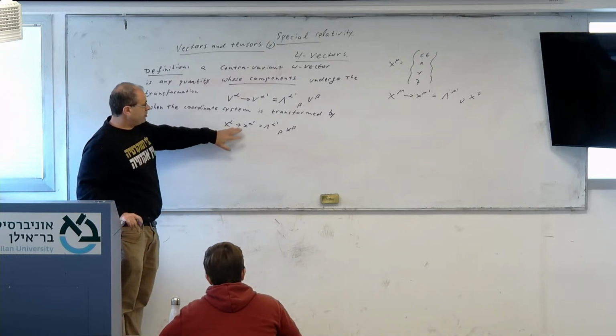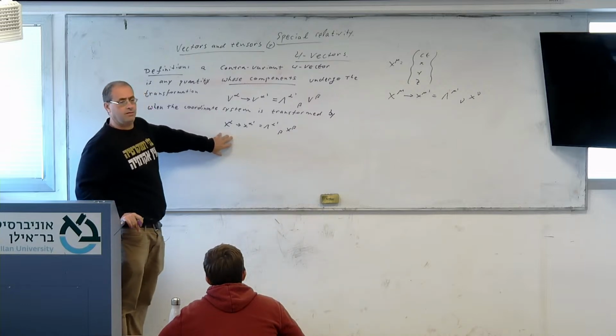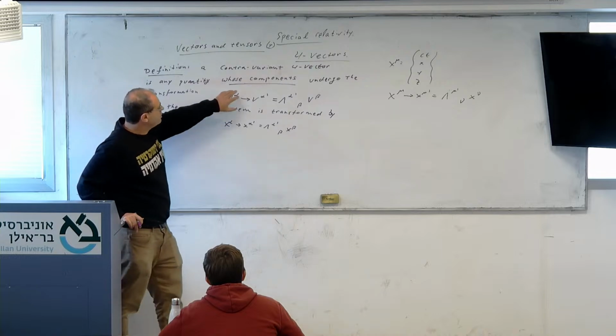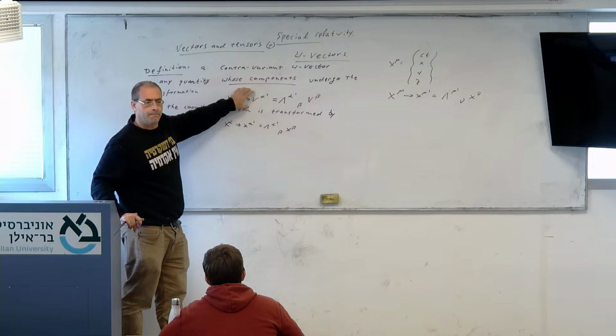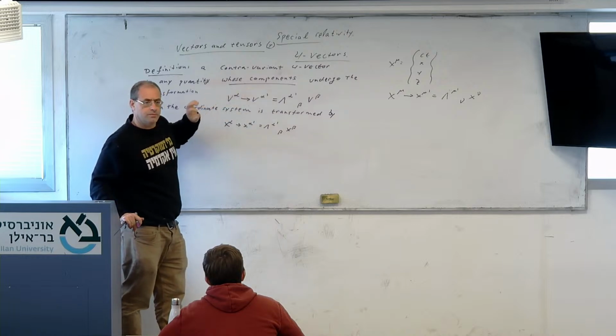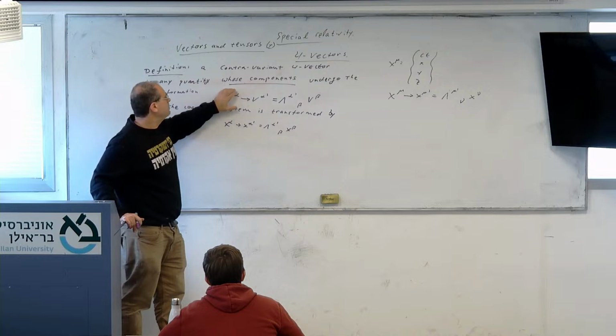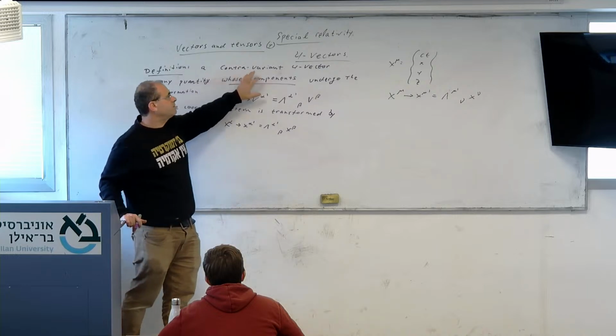I'm making a transformation of the coordinate system, and any quantity whose components transform exactly the same way, I call it a 4-vector. The exact technical name is contravariant 4-vector, but when it comes to contravariant 4-vectors, I simply call them 4-vectors.